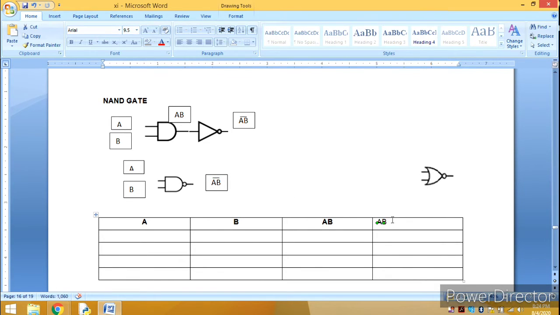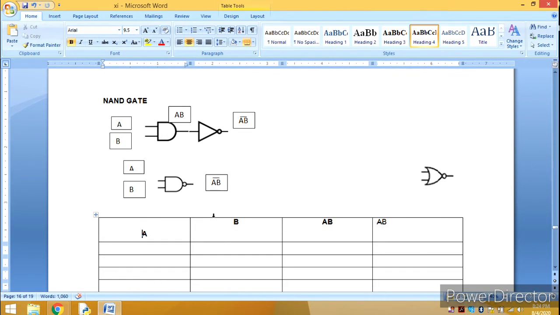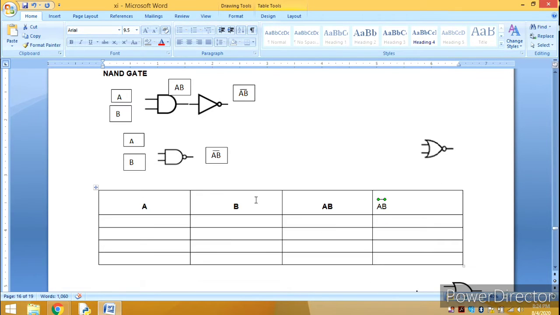So we have to get these things. Let me have it like this: we have AB. We need to have all these things. So what is there for the combination of A and B? Again the same thing we will be applying.